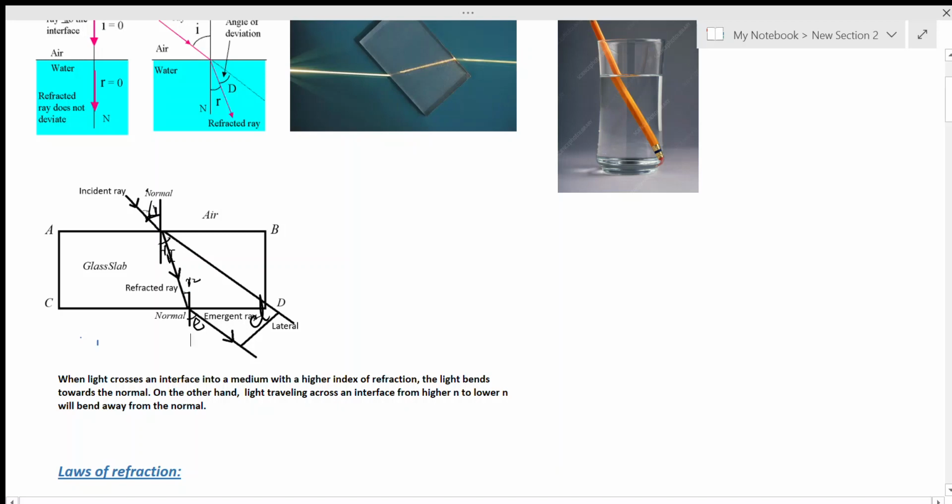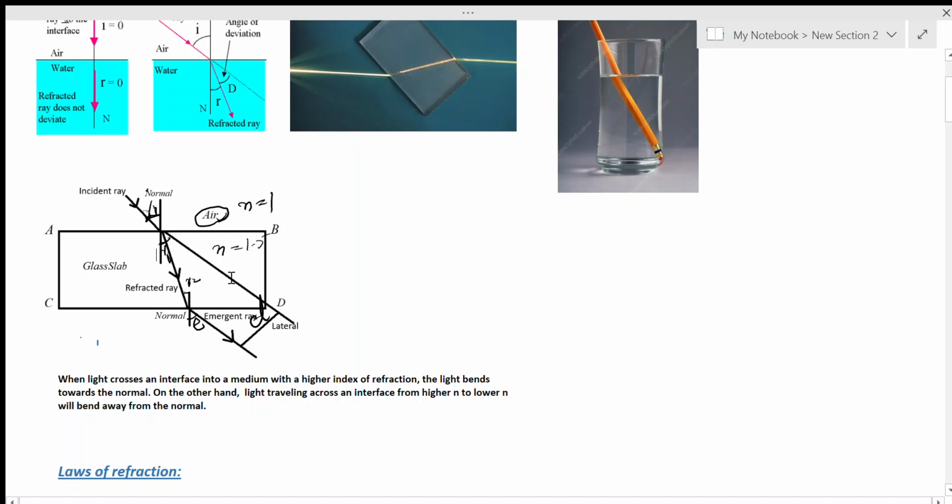So what we can see is when the ray of light is falling from a less dense medium called air, where n equals 1, to a glass slab where n is usually equal to 1.5, the ray of light is bending towards the normal. That means the angle of refraction is very small. It is bending towards the normal.